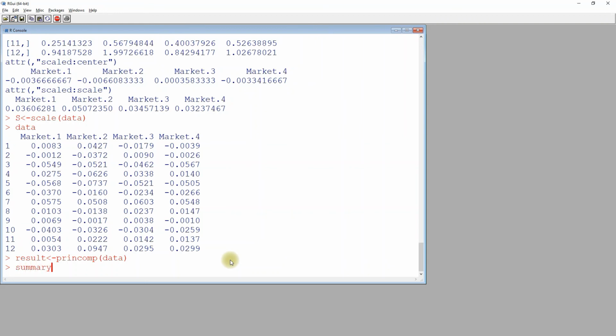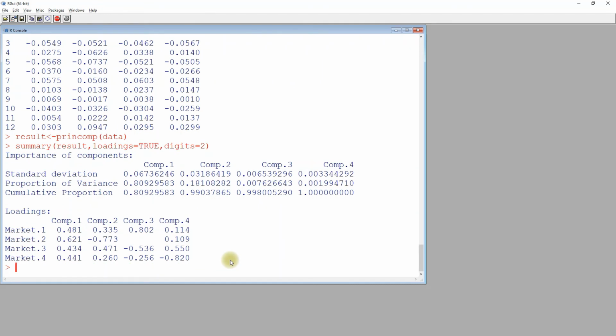You can do the summary of the result with the loadings equal to true to get an idea of what's going on. Otherwise, it won't give it to you. And also decrease the decimal places to 2 digits, basically.